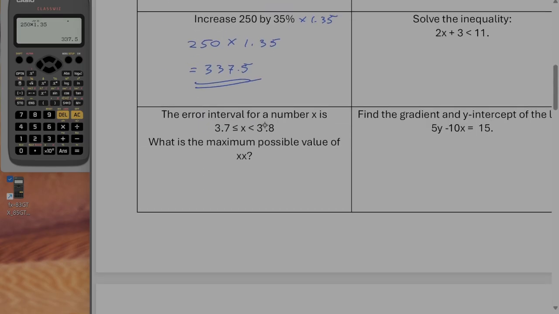Okay, the error interval for number x is 3.7 is less than or equal to x, which is less than 3.8. What is the maximum possible value of x times x? So I'm going to take the maximum value here. I'm going to do 3.8 times 3.8.